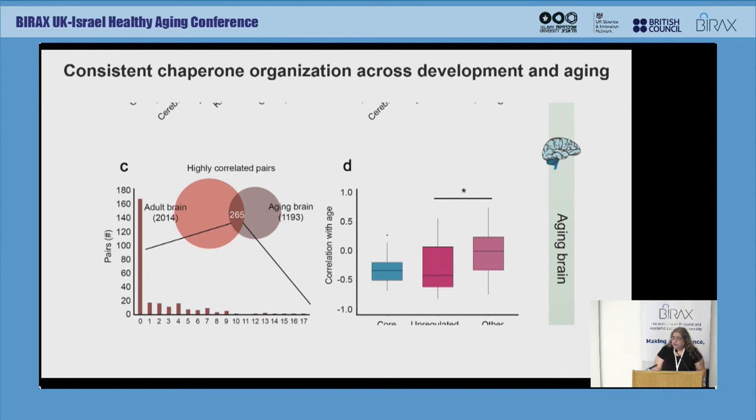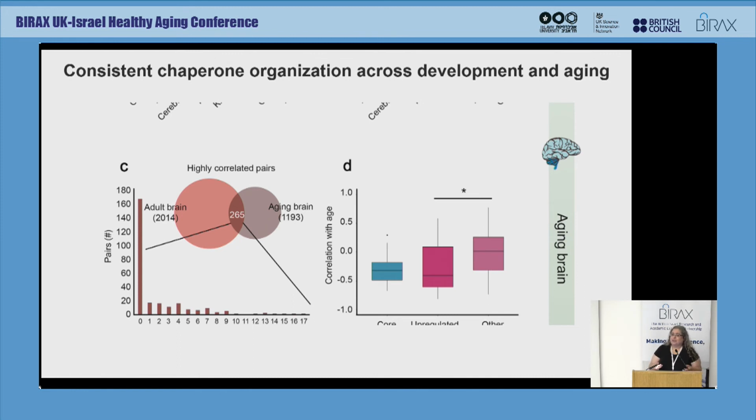And second, 258 of them, which is almost all of them, belong to the group of chaperones that are repressed in aging, meaning that their expression goes down. Those are the chaperones that are associated with what the quality control in brain needs.